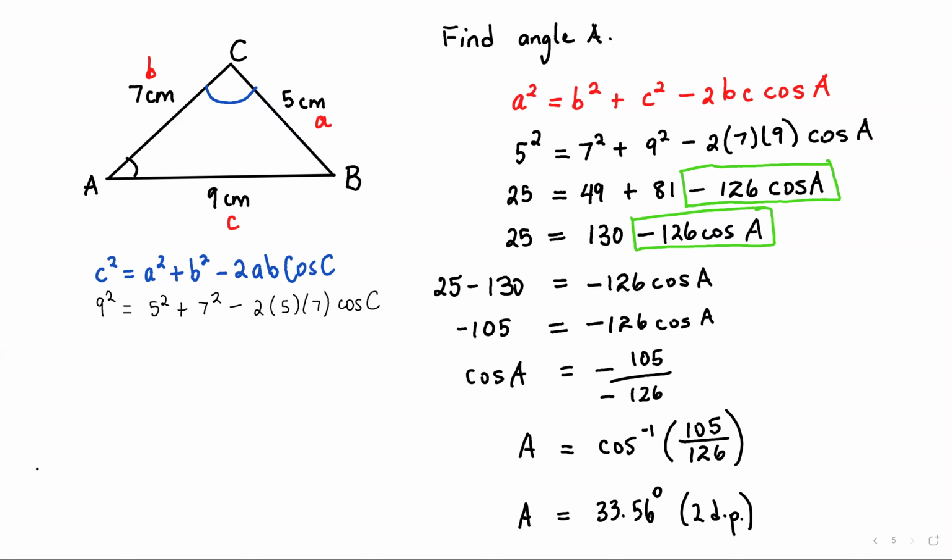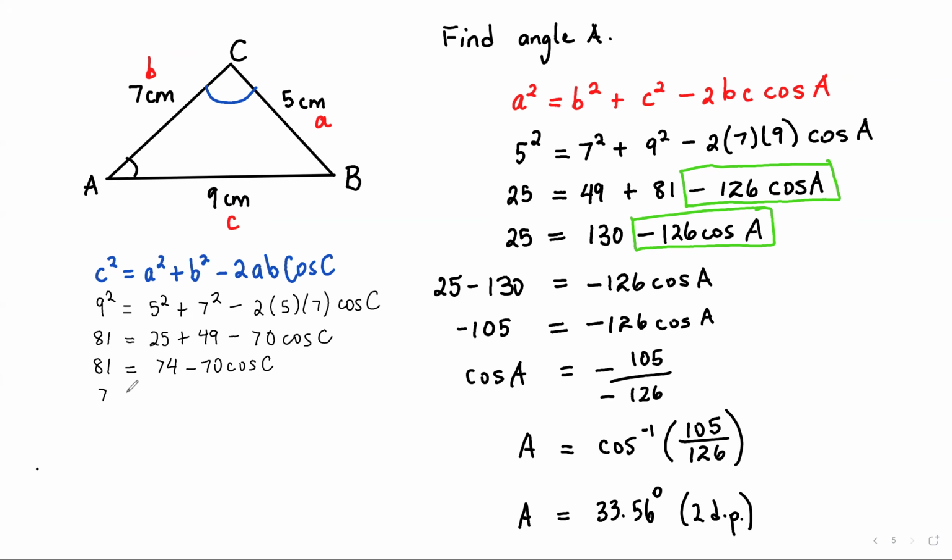All right, so this is 81 is equal to 5 squared is 25 plus 49, minus 2 times 5 times 7, which is 70 because of C. So that would be 81 is equal to 25 plus 49, 74 minus 70 cos of C. So then 81 take away 74 is 7.